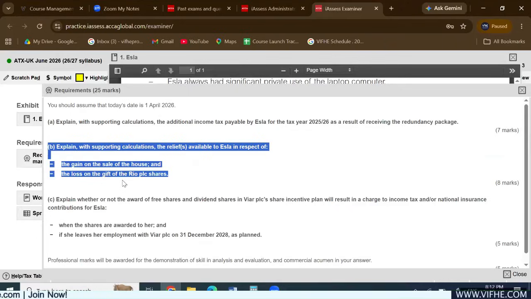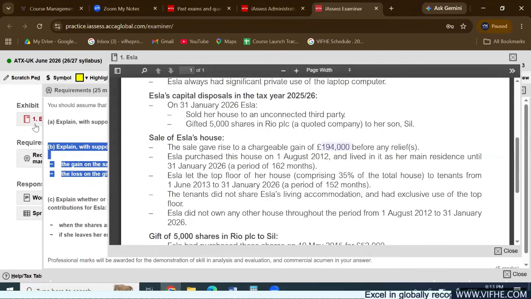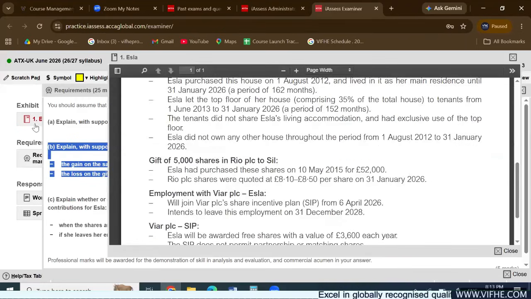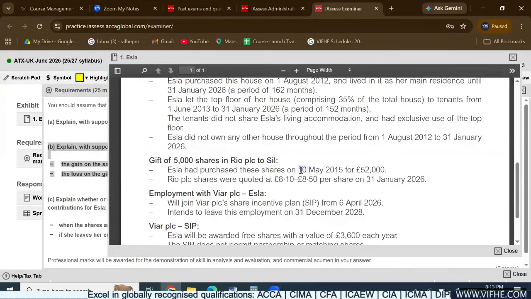And now we need to discuss the scenario with respect to the loss on the gift of Rio Public Limited Company shares. Okay, again, coming back to the exhibit, it is about 5,000 shares in Rio Public Limited Company gifted to Sil, who is Esla's son. It happened on 10th May 2015 for 52,000 pound, though on that day the market value was 8.1 to 8.5.